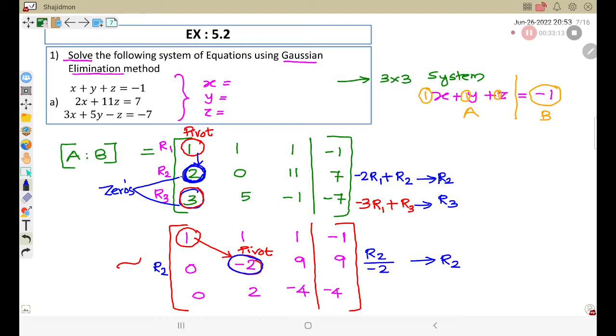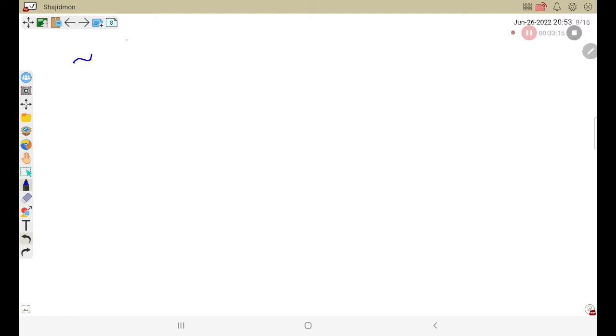So how can we write the matrix? You can see the equivalent matrix, first row no change, correct? So 1, 1, 1 and minus 1. Third row no change, I am writing the same, 0, 2, minus 4 and minus 4.